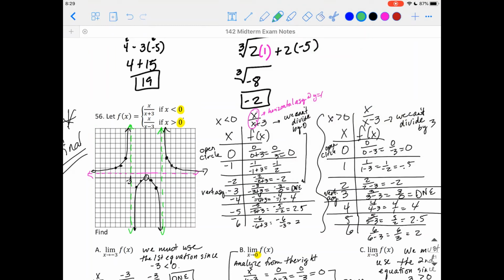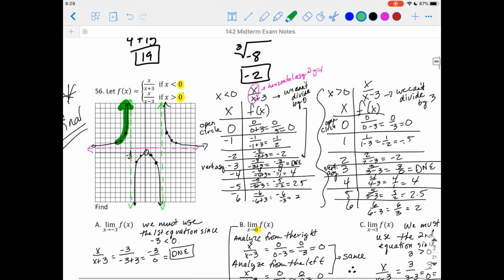So coming from the left, at x equal to negative 3, I'm on this part of the graph. And so that's going just forever up. And I also need to analyze the right part of the graph.